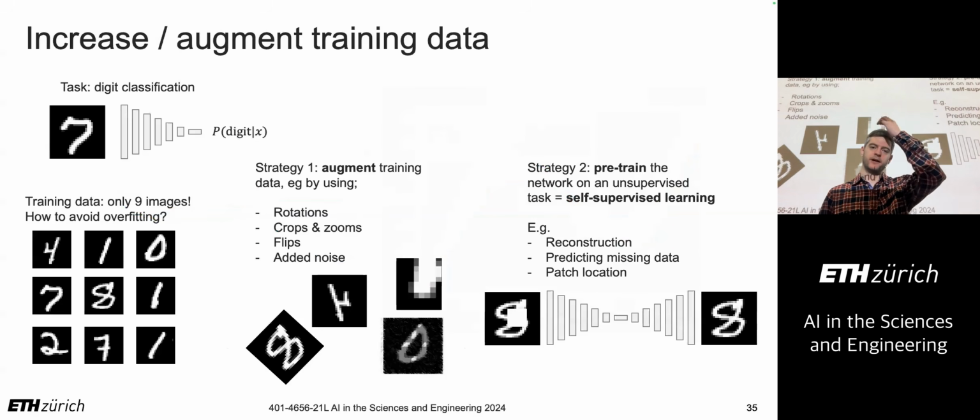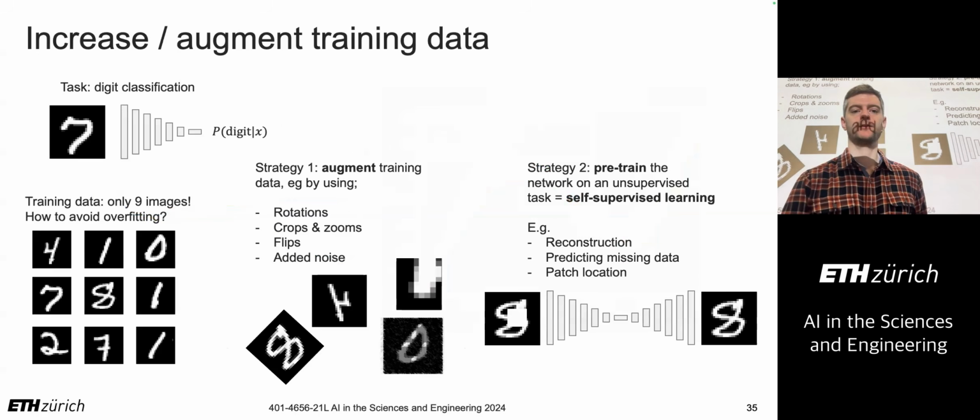Okay, and then the final way of regularizing deep neural networks, which is often the best way if you can do it, is just to increase the amount of training data you have. Make it really hard for the network to overfit the data by having as many possible samples of the distribution we're trying to model as possible. So how do we do that?